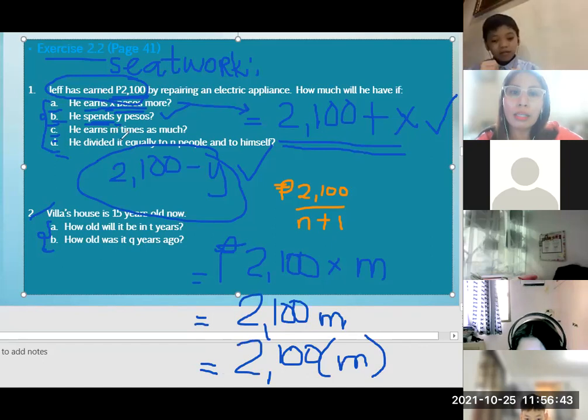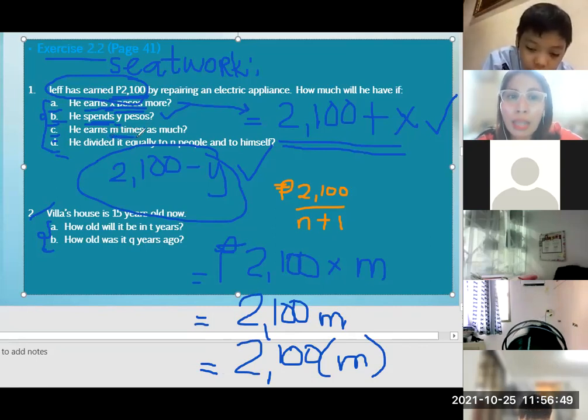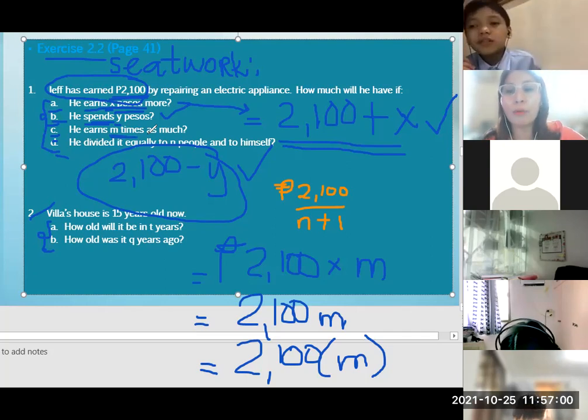It says he earns M times. We don't know what that times is. So let's just represent that times as the variable M.